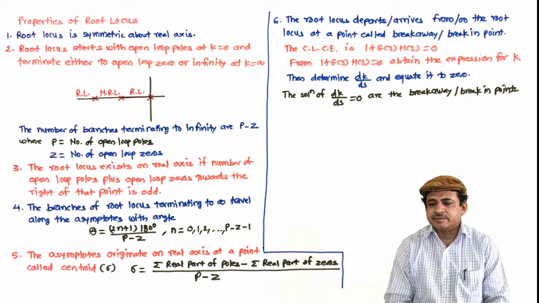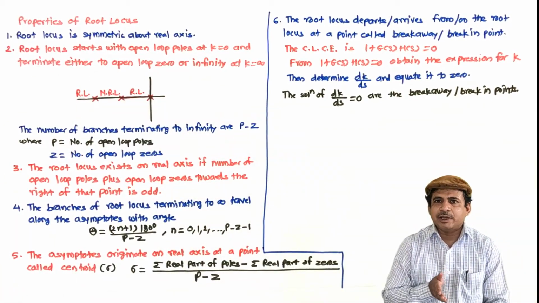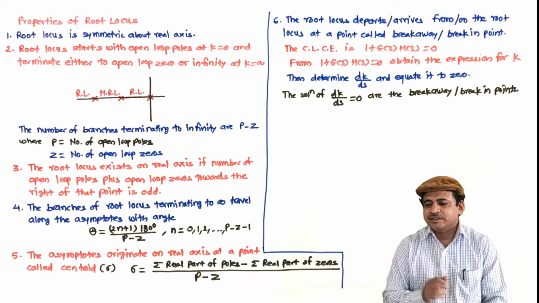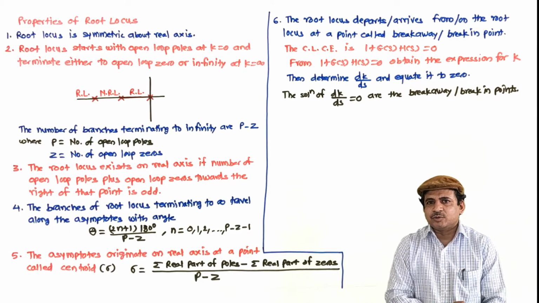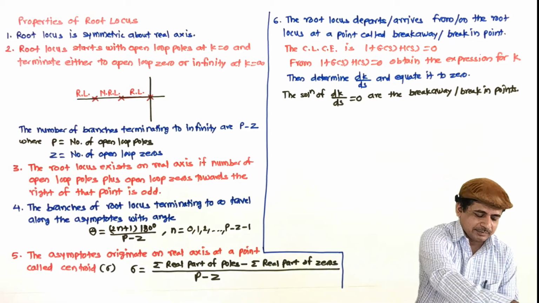Okay, now the next point. With the breakaway point they will depart, and now they will move along the asymptotes. Now if the asymptotes are cutting the imaginary axis, this root locus will also cut the imaginary axis, and that means there will be intersection of the root locus with the imaginary axis, and where it intersects, that we have to find.